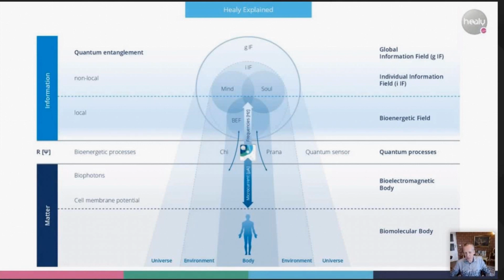So let's look at matter. Matter has two aspects. The first aspect is our molecular body. This we all know from school. Our body consists of molecules which are connected by chemical forces and interact through electrons, but they also interact through photons. These are two aspects of our electromagnetic body. The electromagnetic body is a field which permeates our whole body. It's more subtle than the molecules of our body, but these fields are controlling our body.